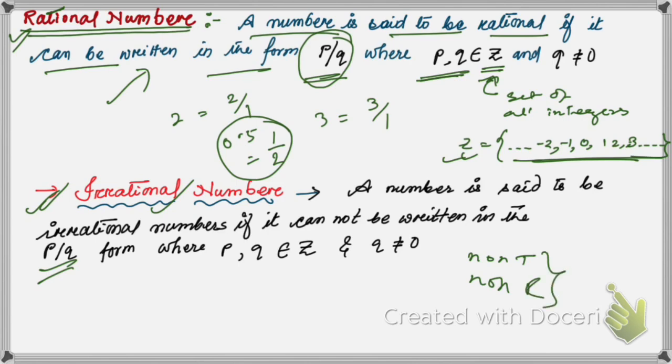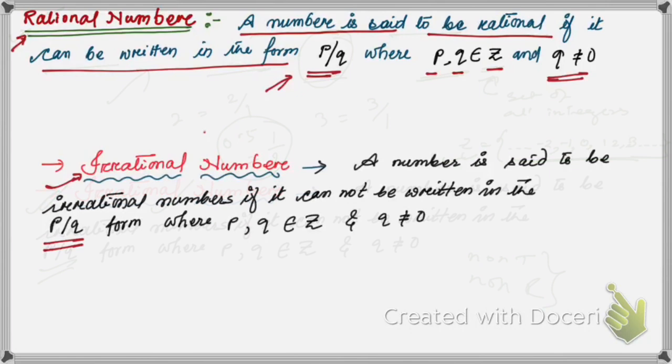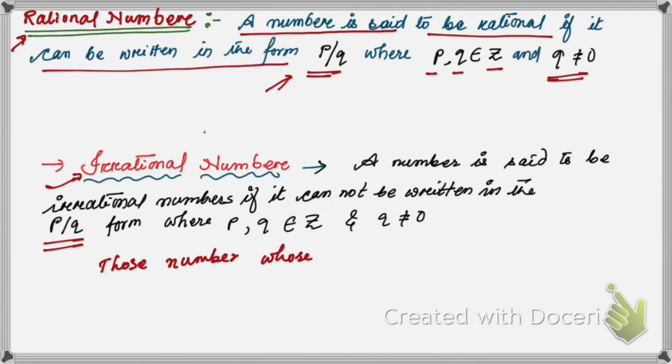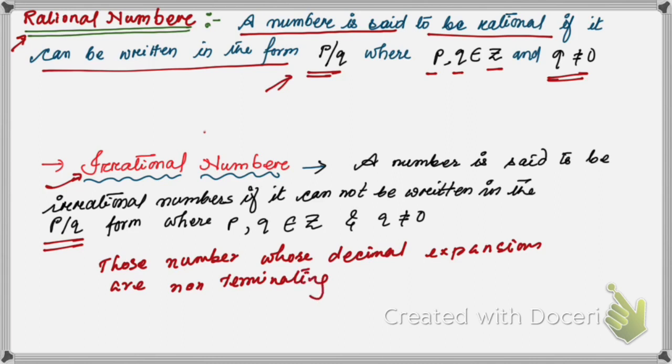Those numbers whose decimal expansions are non-terminating and non-recurring, or you can say non-repeating, right?